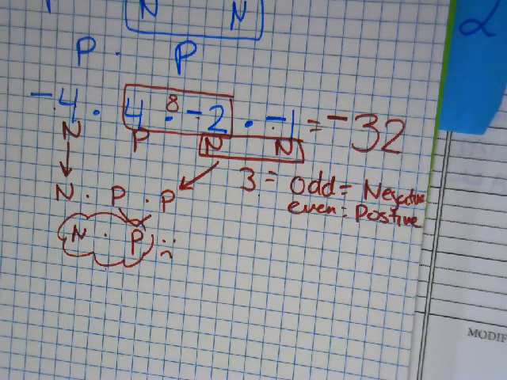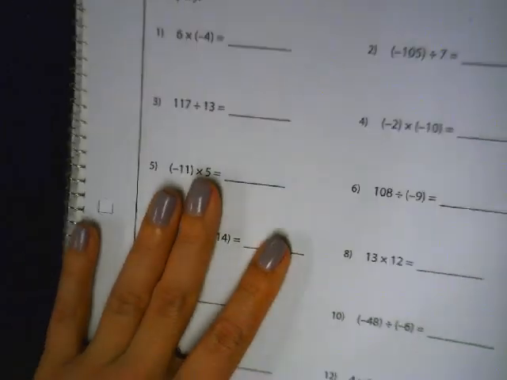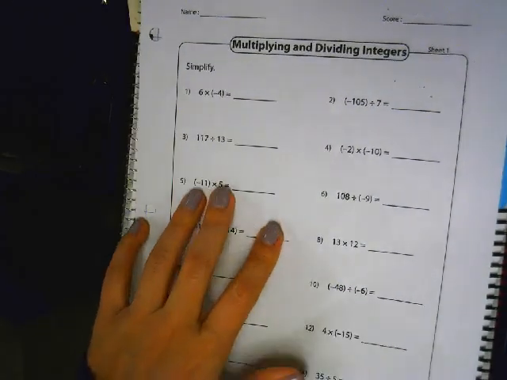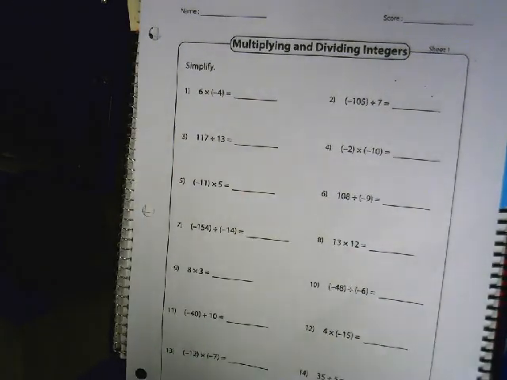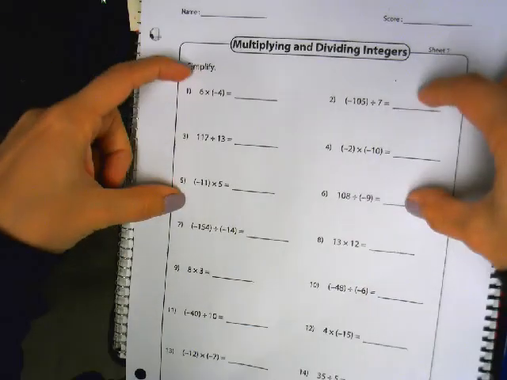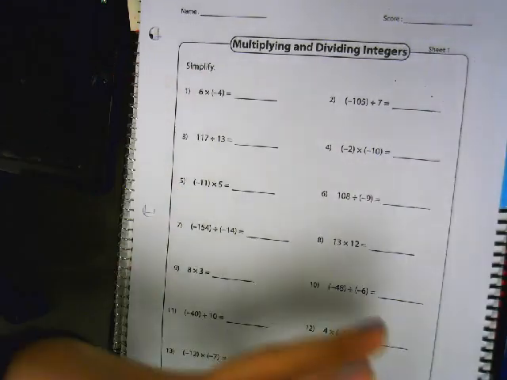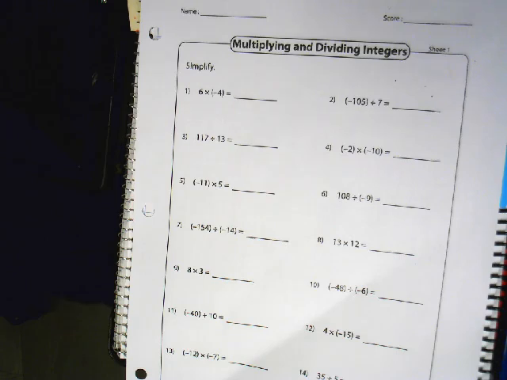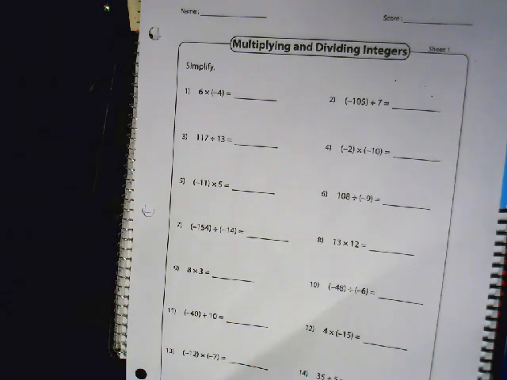All right. Before we move on, I want you to take out this paper from Friday. Remember, we were only able to do the first 6, and then the bell rang. They're easier than what we just went over.